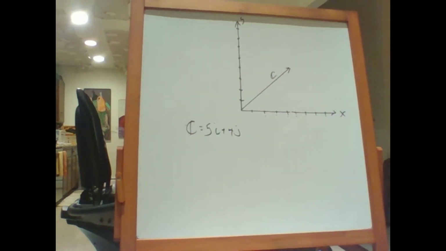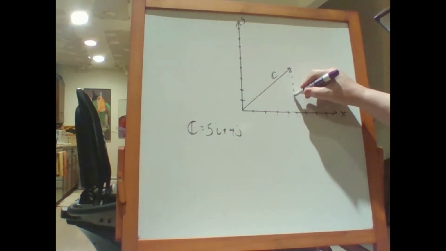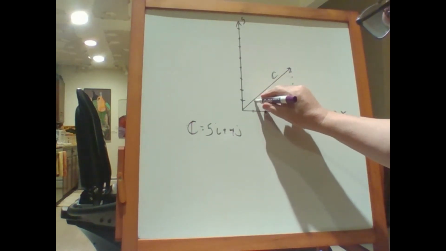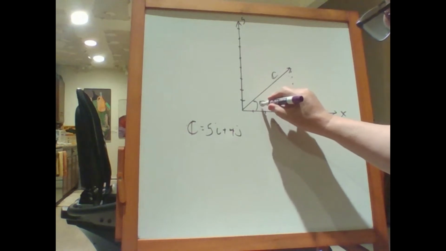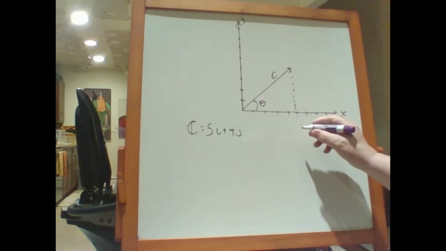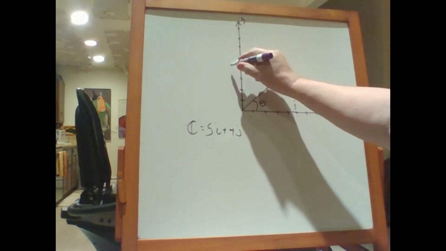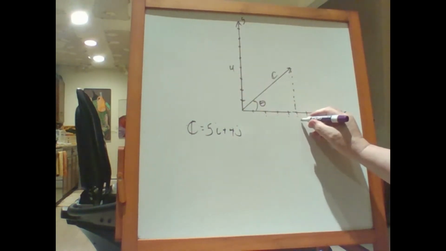Okay. Well, we notice that it makes some orientation with the x-axis. And so we know here that this is 4, and this is 5.